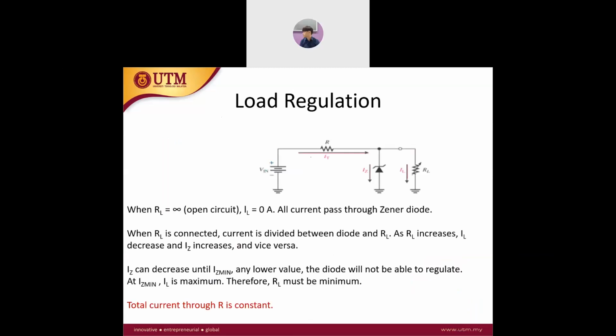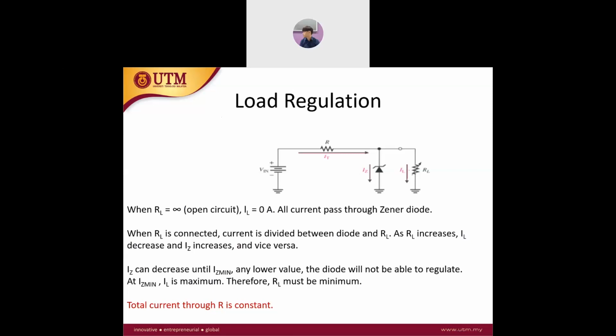Okay, so this is another extension for this load regulation circuit. This is your Vin, positive and minus, and the diode in this kind of configuration. The diode is in the reverse bias state, so if it reaches the breakdown region, it is going to have the voltage of Vz.